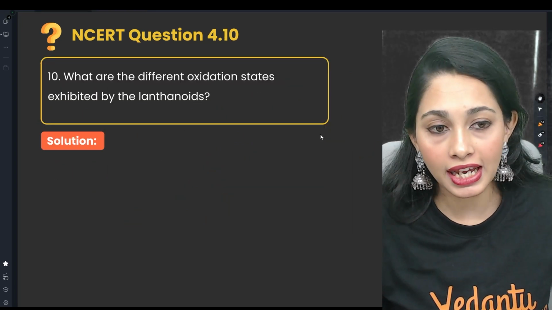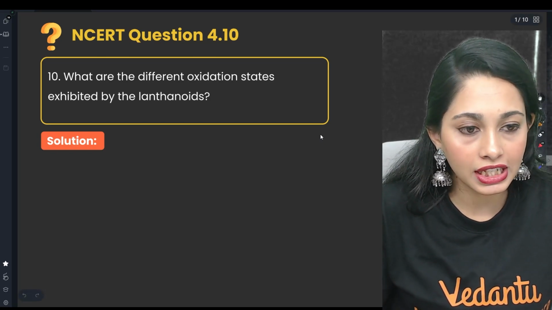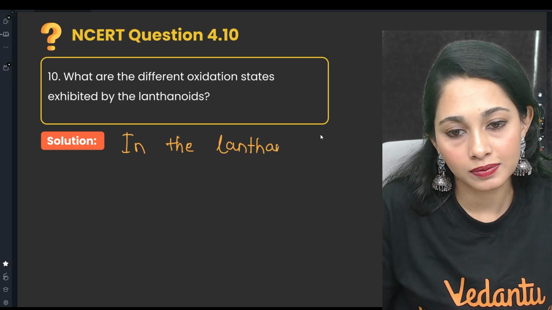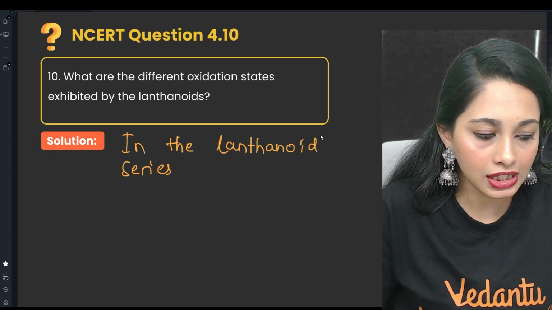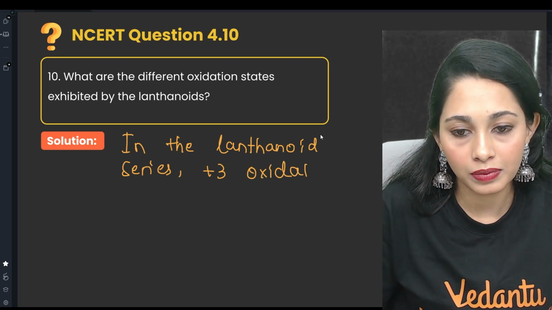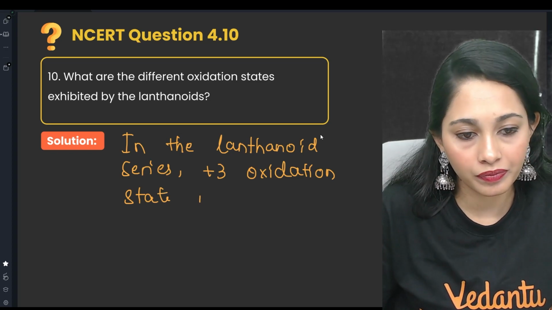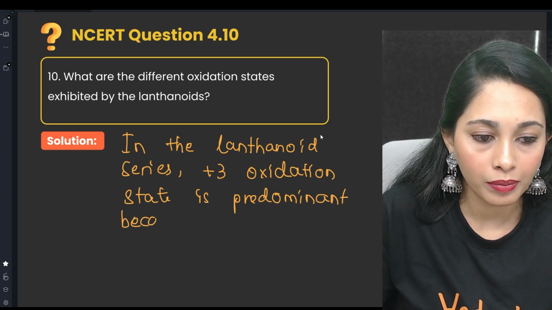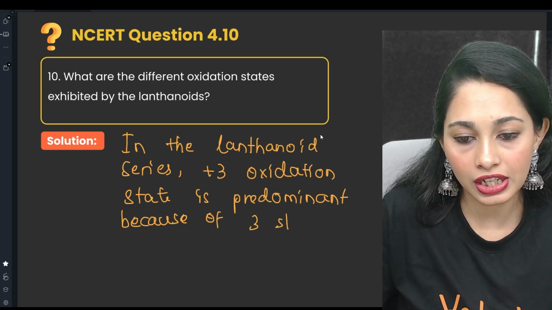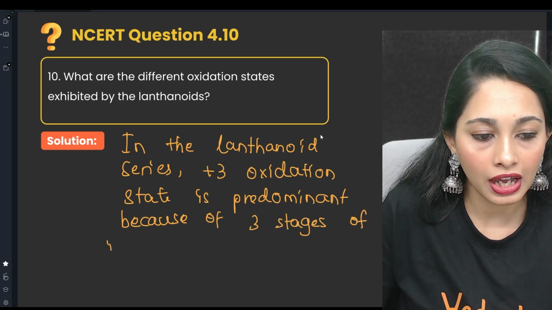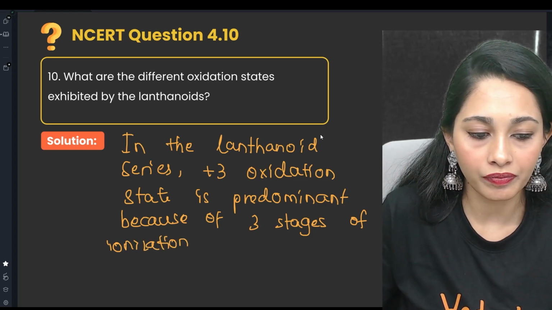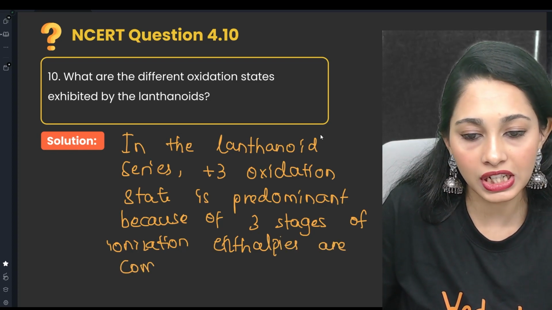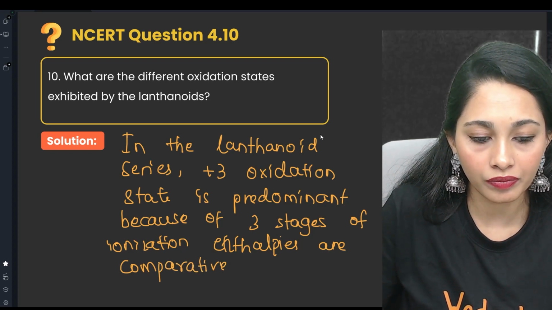What are the different oxidation states exhibited by the lanthanoids? In the lanthanoid series, the +3 oxidation state is predominant because the three stages of ionization enthalpies are comparatively low.